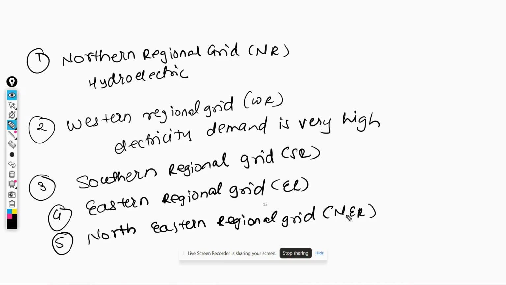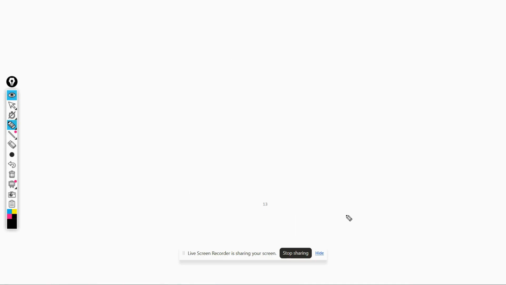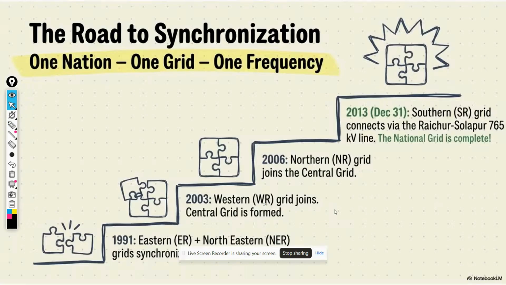So students, what was the final result of forming these regional grids? Initially the states were connected, later the regions were connected, and finally all five regional grids were synchronized together.